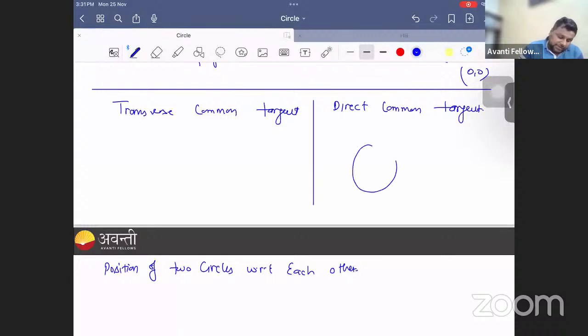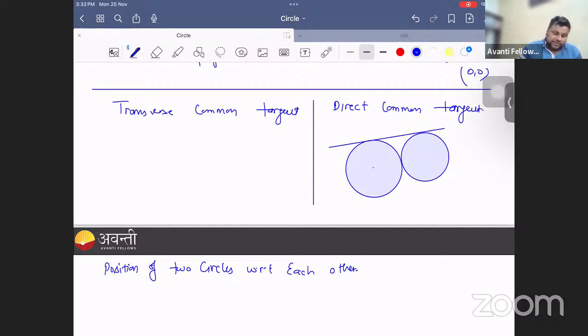Now, what is a common tangent? One circle is this, the other circle is this. In the case of a direct common tangent, both the centers lie on the same side of the tangent, like this. This is DCT, direct common tangent. Now there comes a term transverse common tangent, which is a common tangent where the two circles lie on either side of it.